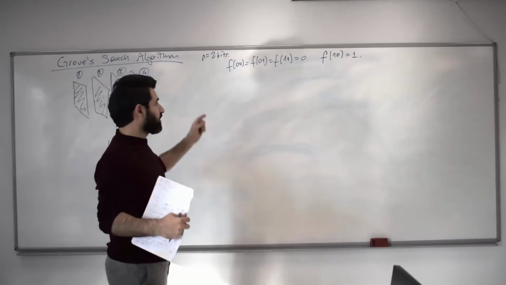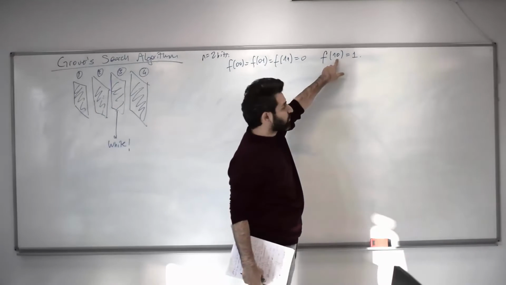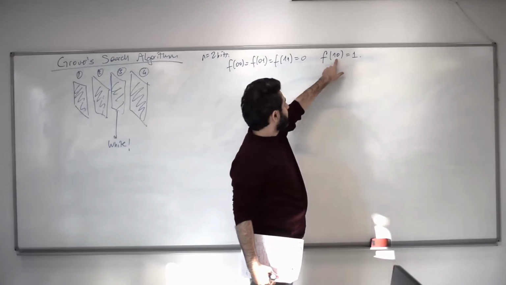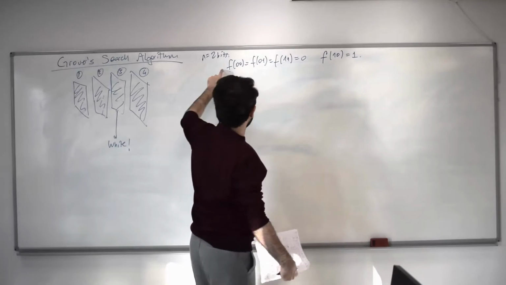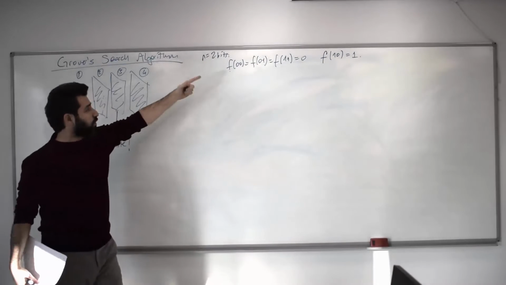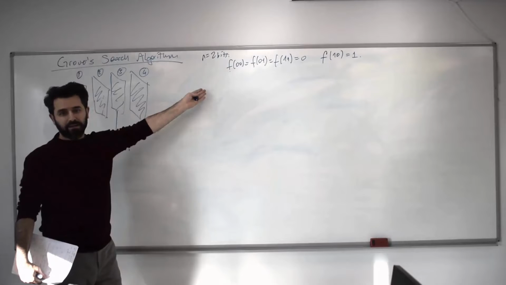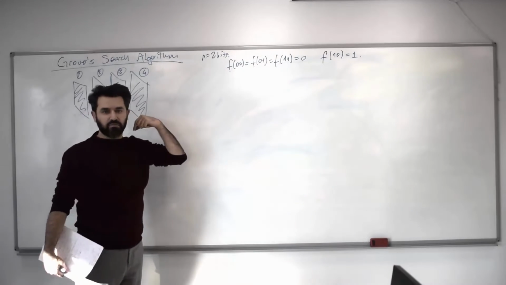And the question is, how can we figure out this input? That gives us 1. The rest of them are zeros. We can extend it to any n or any m by the same rationale.